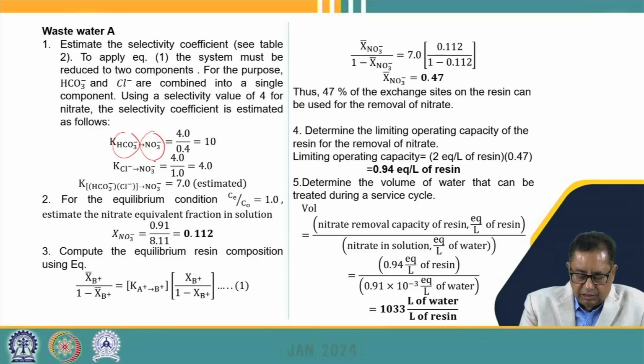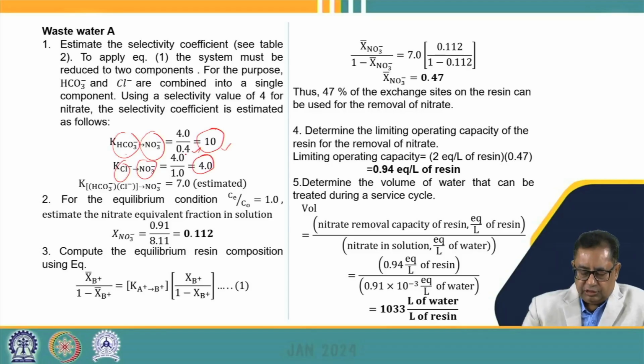And similarly, the selectivity coefficient for bicarbonate is around 0.4. So we can say that nitrate over bicarbonate is equal to 10. So the value of K for nitrate replacing bicarbonates is equal to 10. Similarly, nitrate replacing the chlorides comes out to be 4. So it is estimated that nitrate replacing both bicarbonates and chlorides can be taken as an average value of around 7. Okay.